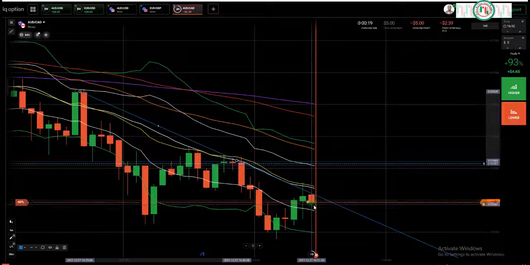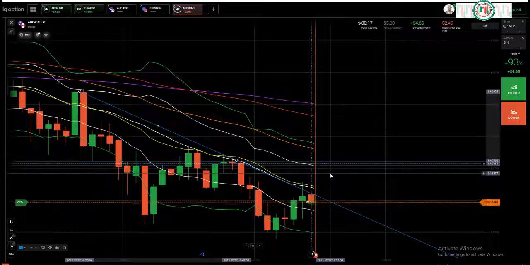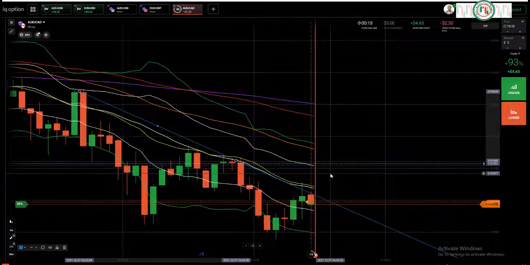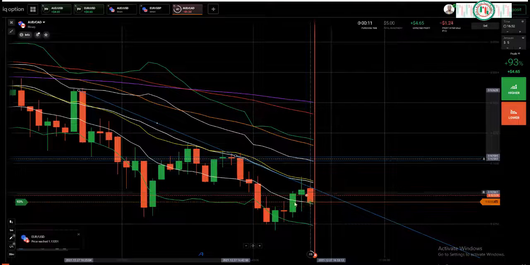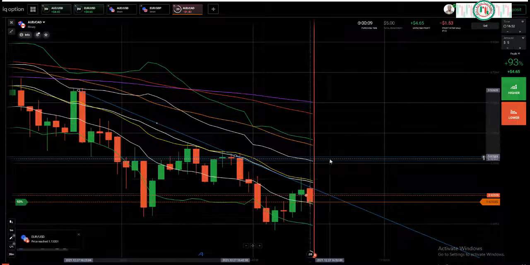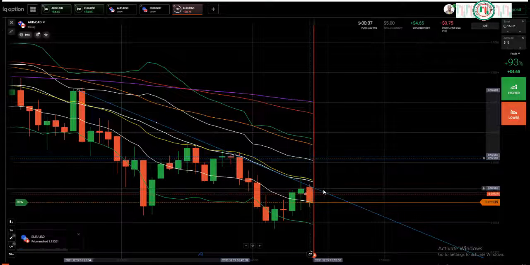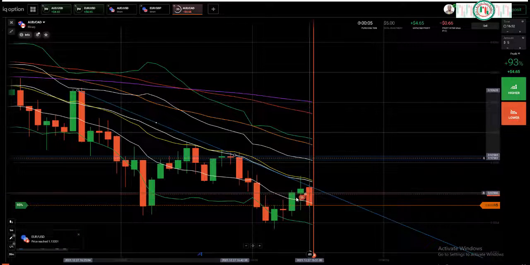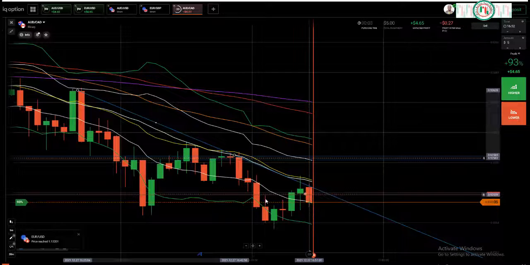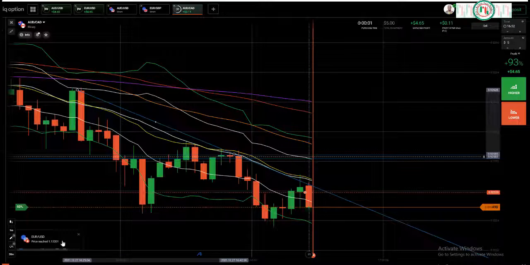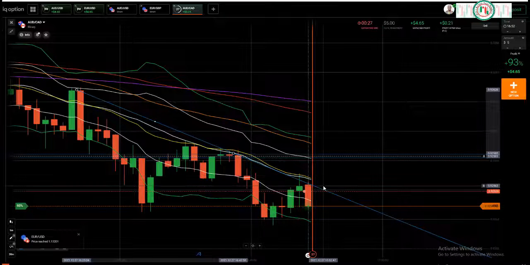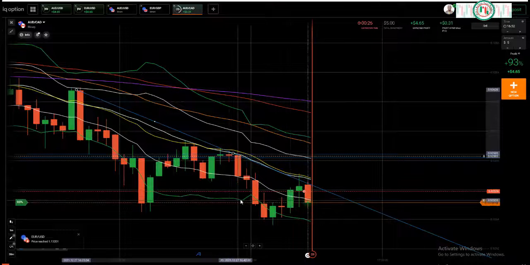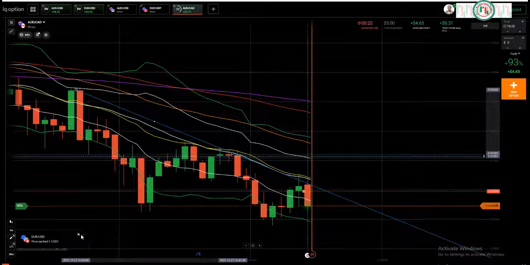I know market must create a strong candle at this level. So that's why I placed my put option trade. I know it will definitely give me a winning trade, even though it gives me a bad entry point. No problem, because this level is a very strong area, it will create a strong candle. So that's why I placed my put option trade.